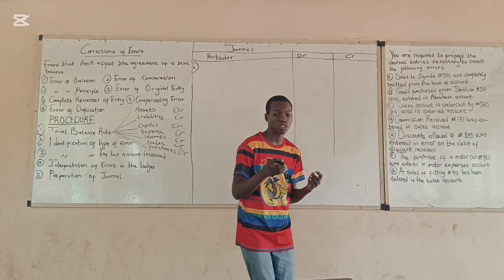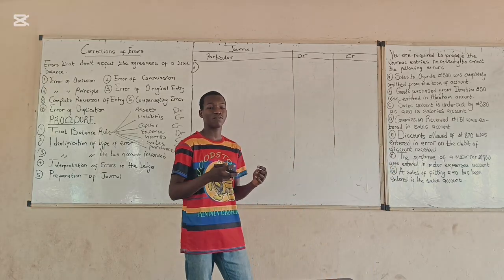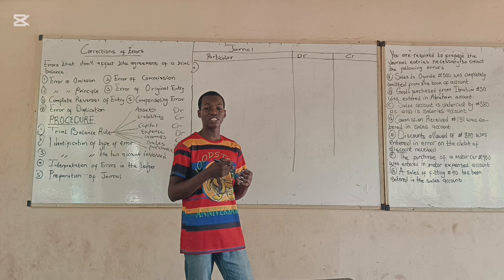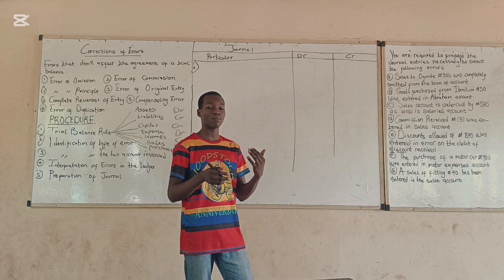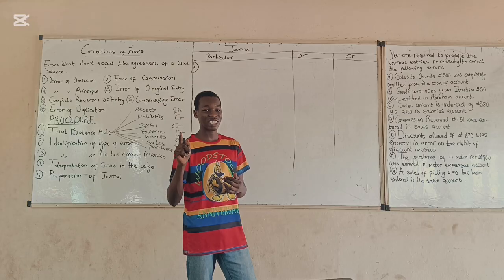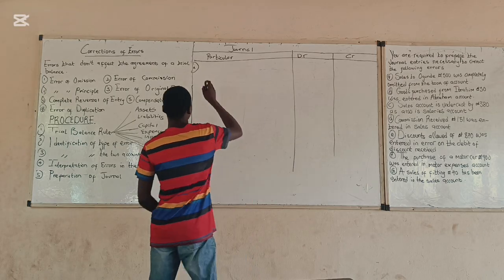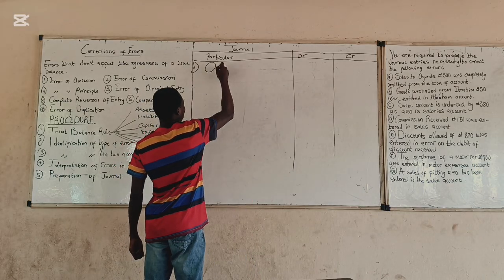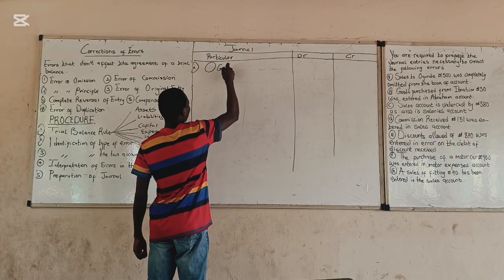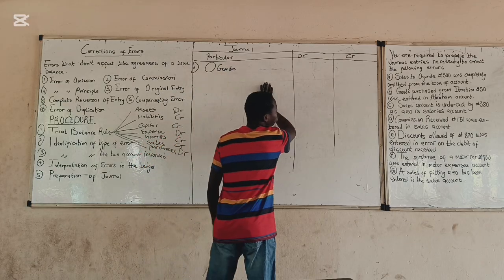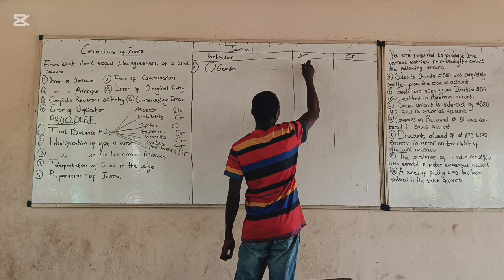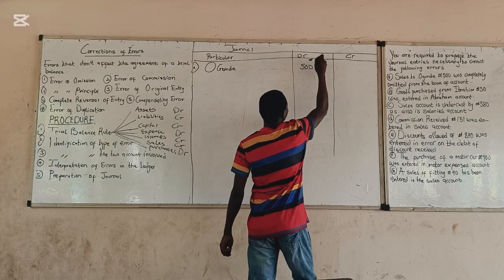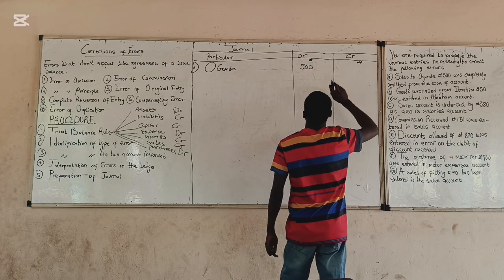Because from the double entry principle, for every debit entry there must be a corresponding credit entry. And we also know that we debit the receiver and credit the giver. So let's write the debit entry first. Ogunde will be debited, right? We agree on that. So don't forget to put the naira sign.